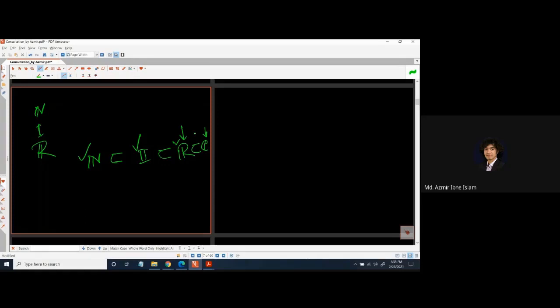So the first thing that is coming to our mind, that is, what is complex number? So complex number is denoted as z equal to x plus yi, or we can also denote this one as z equal to a plus bi.